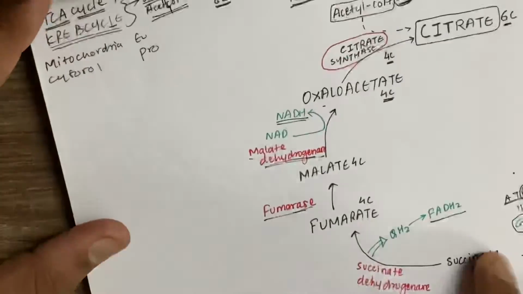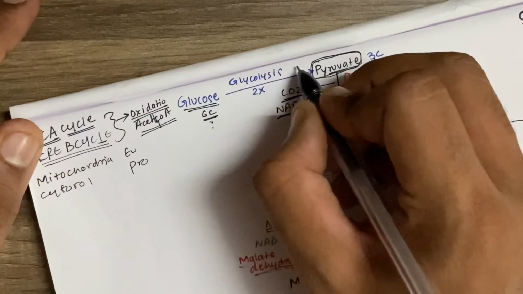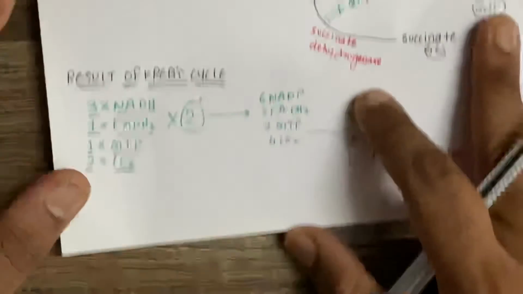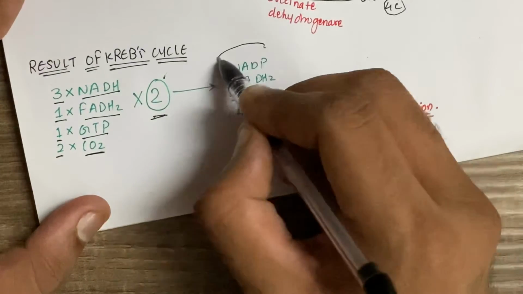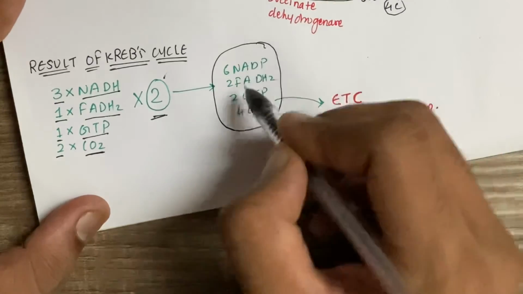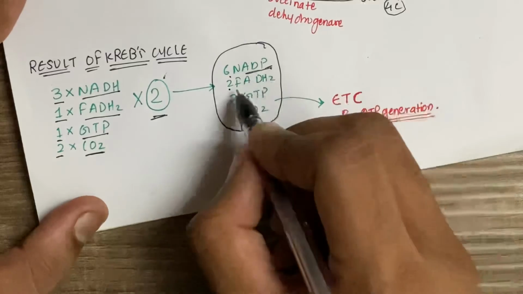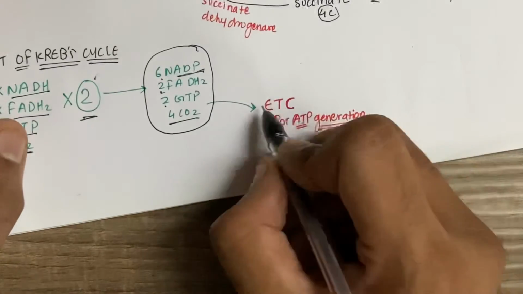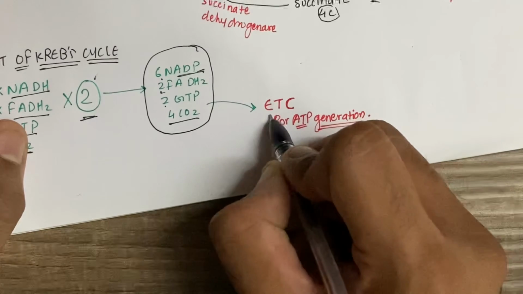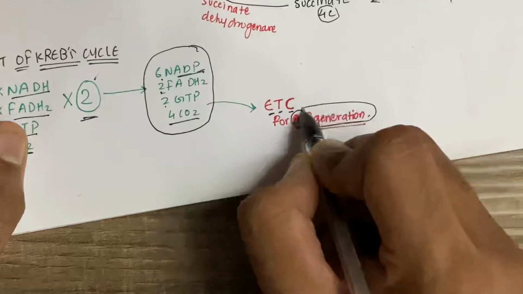But because glucose gives 2 molecules of pyruvate, this whole reaction is done twice. So the net gain is 6 NADH, 2 FADH2, 2 GTP, and 4 carbon dioxide molecules, which are further sent to the electron transport chain for ATP generation.